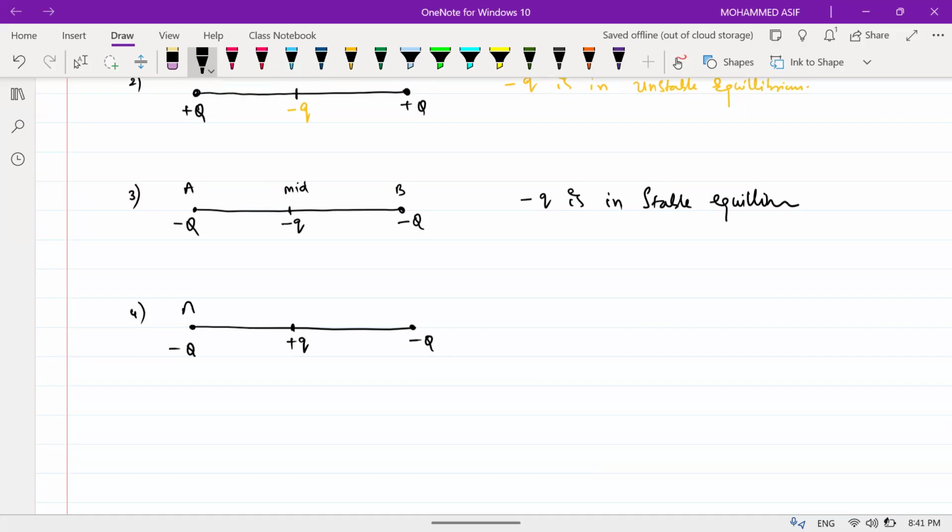This is A and this is B. Father and mother. You are standing in the middle. So you will be unstable to identify who you will love more. So that is the reason I can say right now here plus Q is in what type of equilibrium? Unstable equilibrium. Got it? Yes, sir.